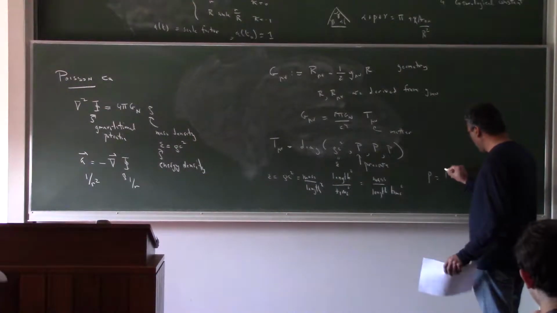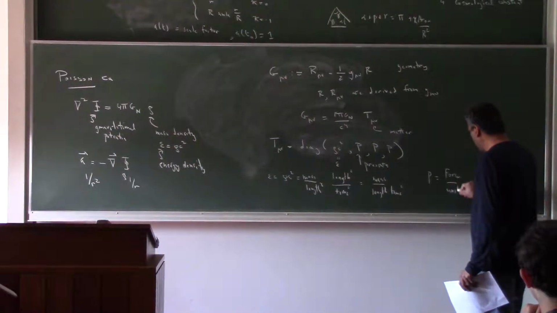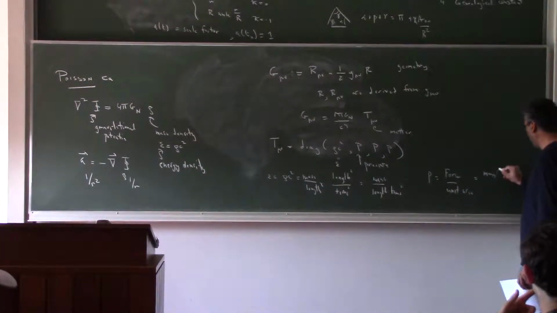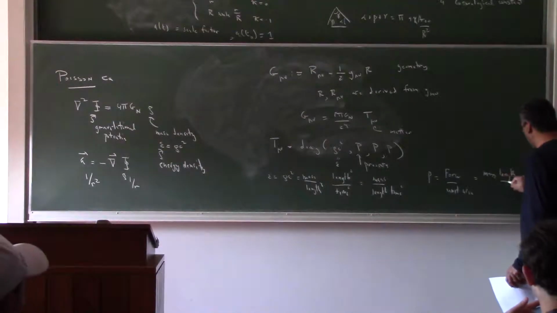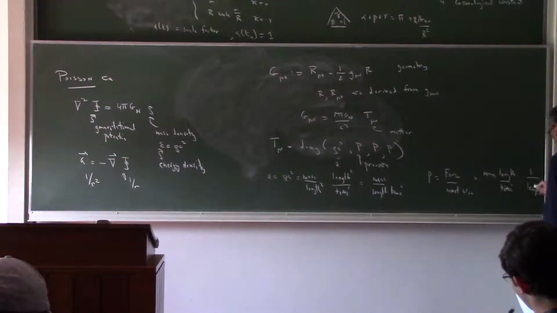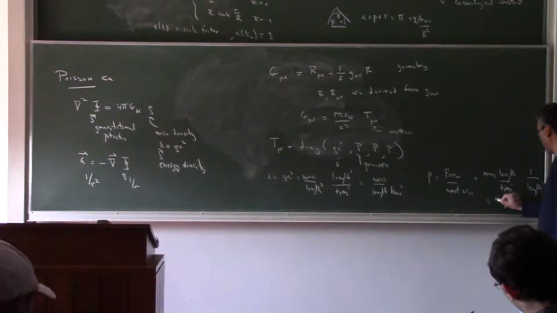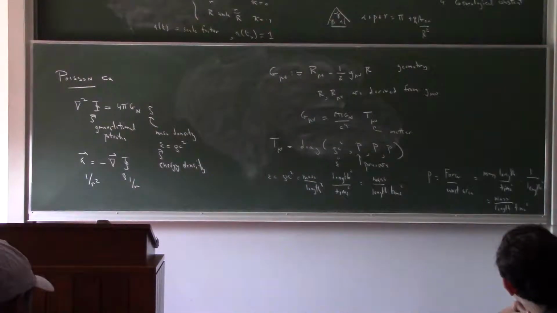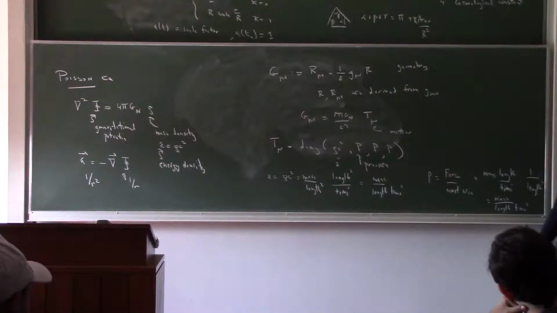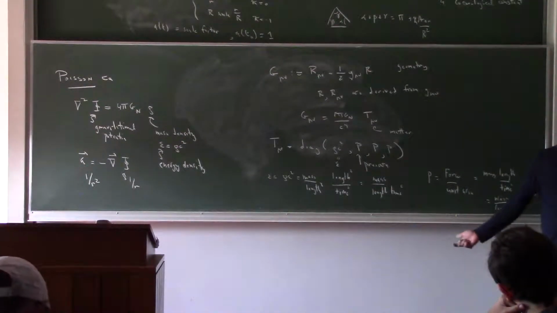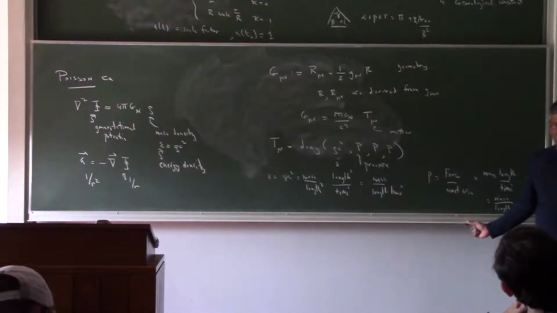So force is mass times acceleration. So it's mass length per time squared times area is 1 over length squared. So this is again mass per length times time squared. Okay, so the things which appear in the stress energy tensor, the pressure and energy density, have the same units as they should. Okay.